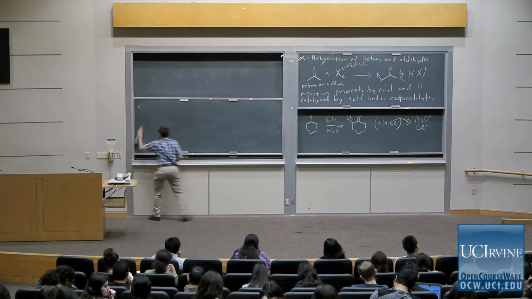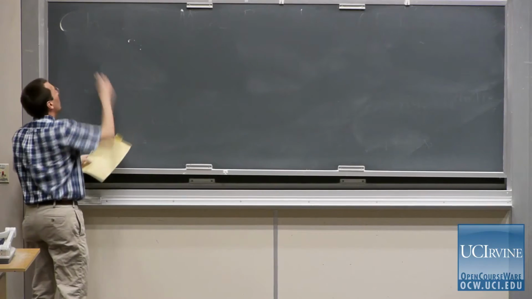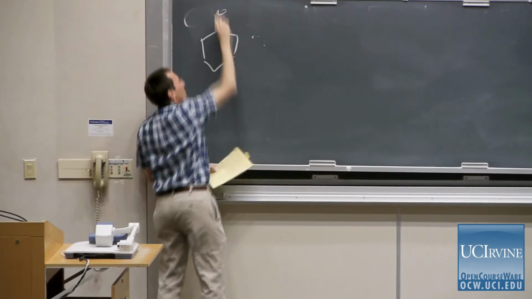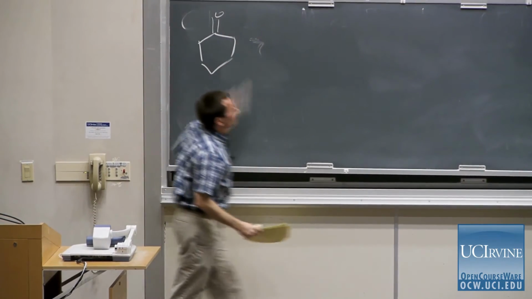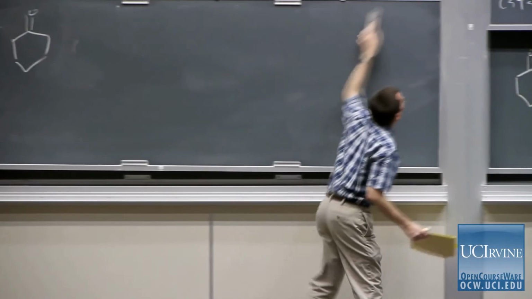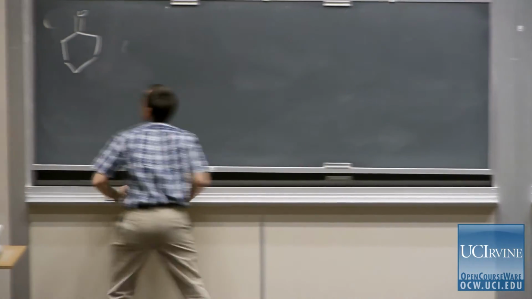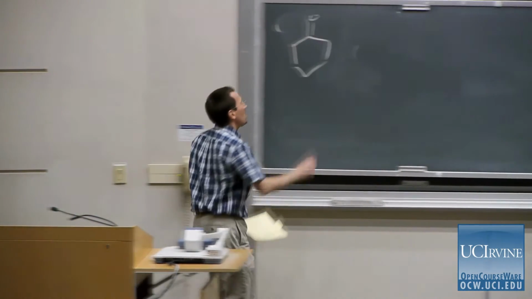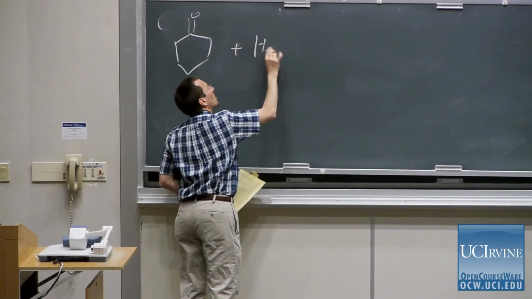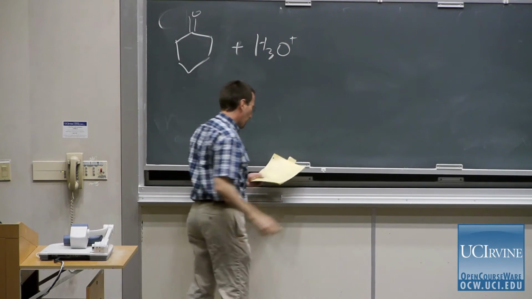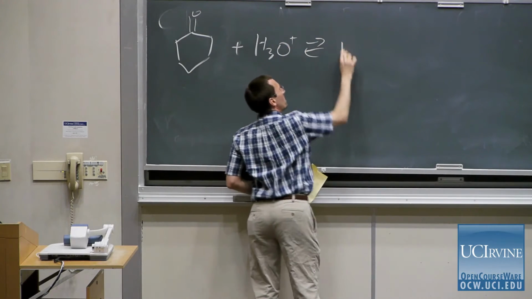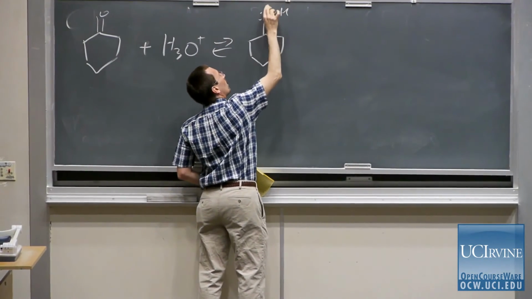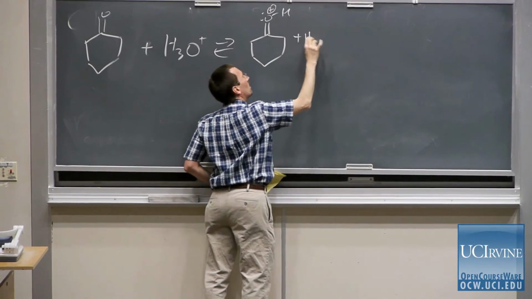All right, we talked about enolization last time, so I'm only going to write out an abbreviated mechanism. I will not write every last lone pair of electrons. In writing my mechanism, I will not write every step in gory detail. So for example, our ketone plus H3O+ is going to be in equilibrium with the protonated ketone and water.